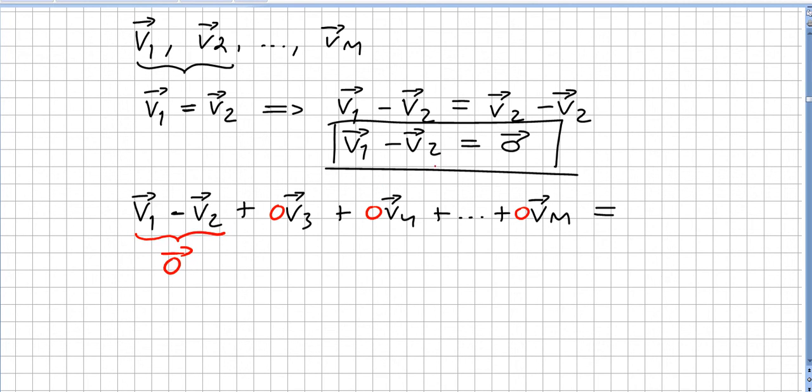So adding all these vectors, you will get the zero vector. So that means that this set v1, v2, vm is linearly dependent. So if any two vectors of a set are equal, then the set will be linearly dependent.